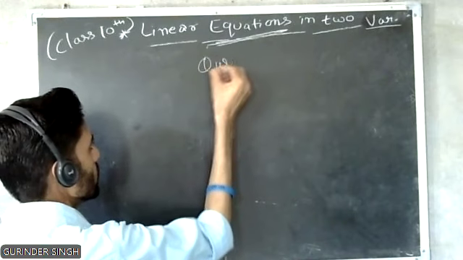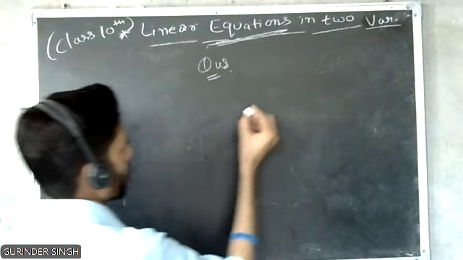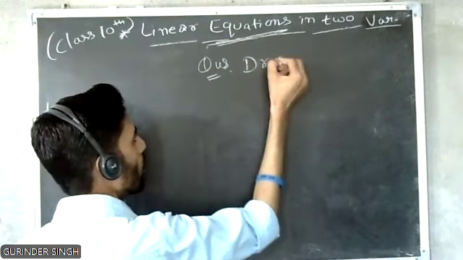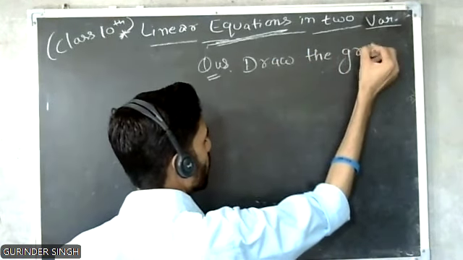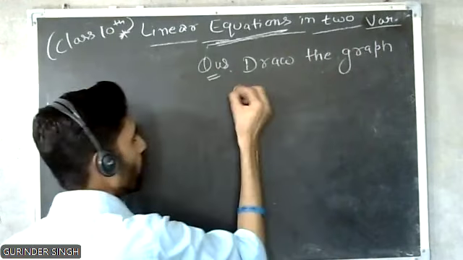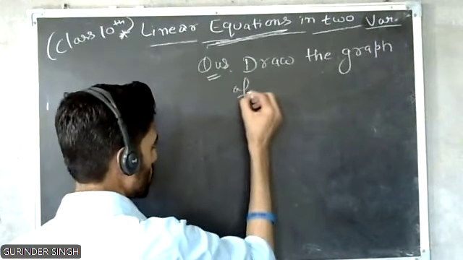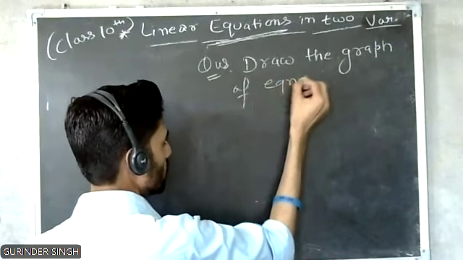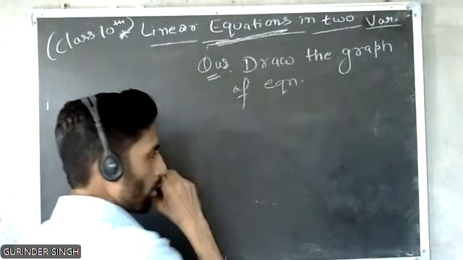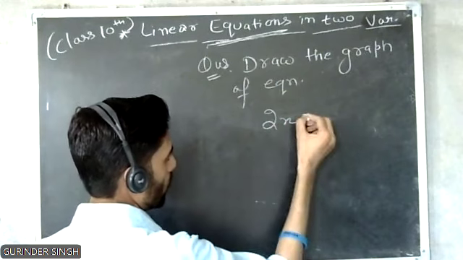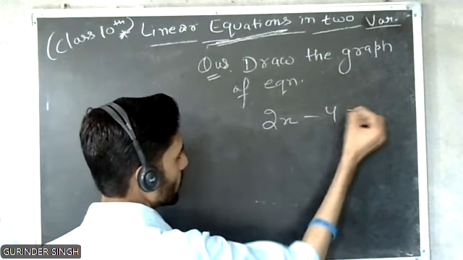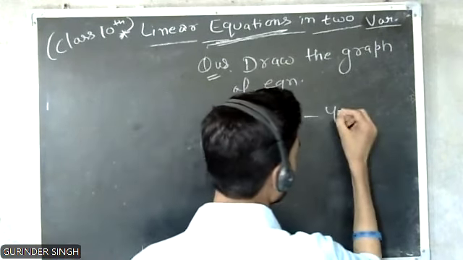The question is: draw the graph of the equation 2x minus 4 is equal to, okay, it's 4y.